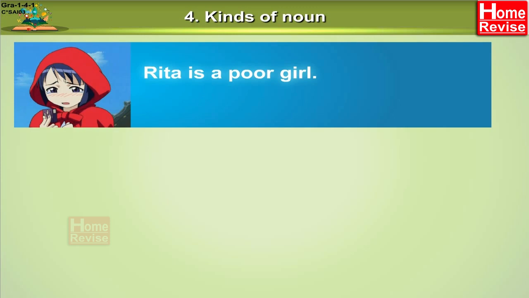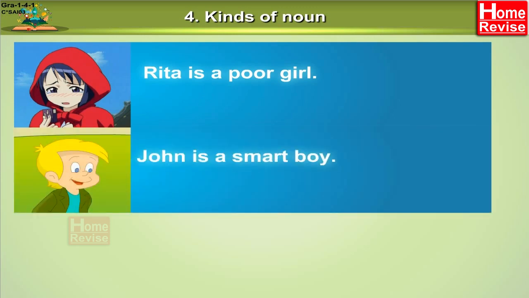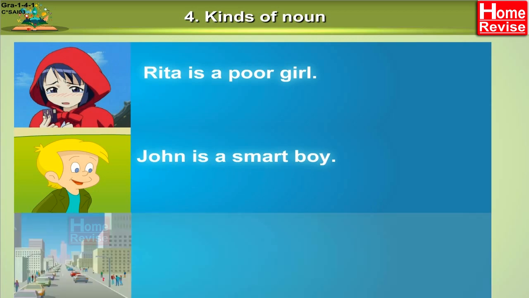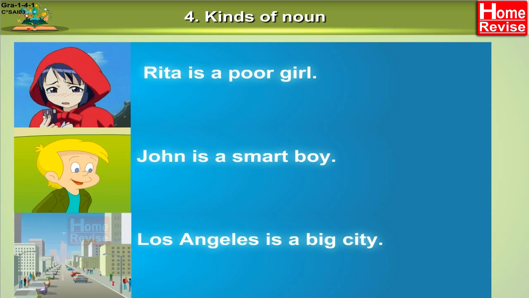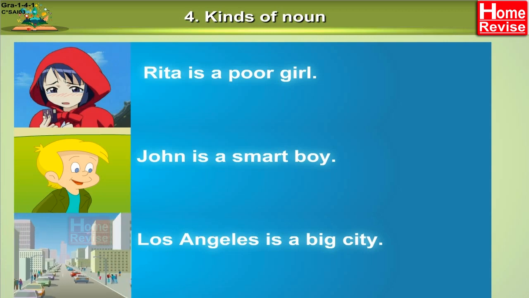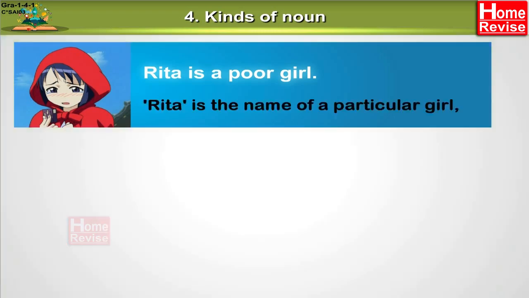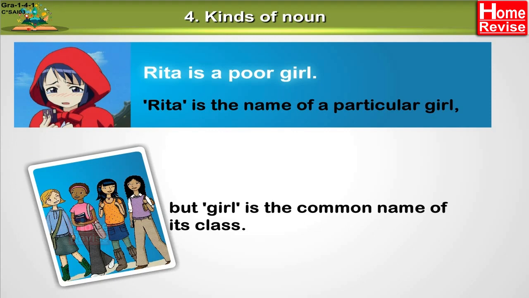Rita is a poor girl. John is a smart boy. Los Angeles is a big city. In all these sentences, Rita is the name of a particular girl, but girl is the common name of its class.